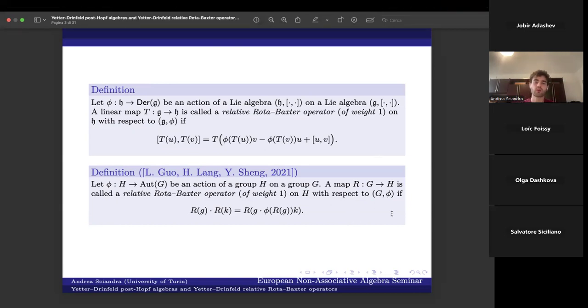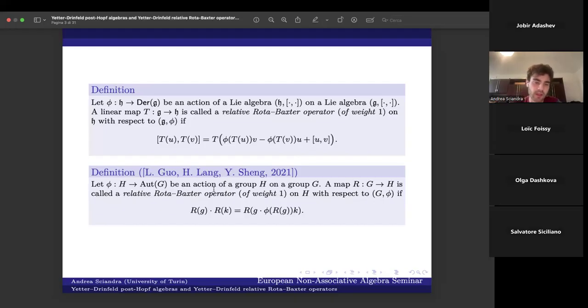Given an action of a Lie algebra H on a Lie algebra G, then a linear map T from G to H is called a relative Rota-Baxter operator on H with respect to G if the bracket of Tu and Tv, so the image of two elements through T, is in fact given by T of the bracket of u and v, plus the action of Tu over v minus the action of Tv over u.